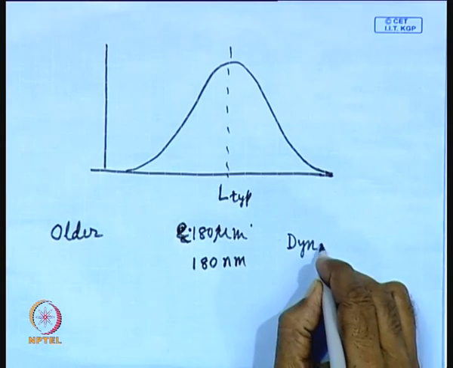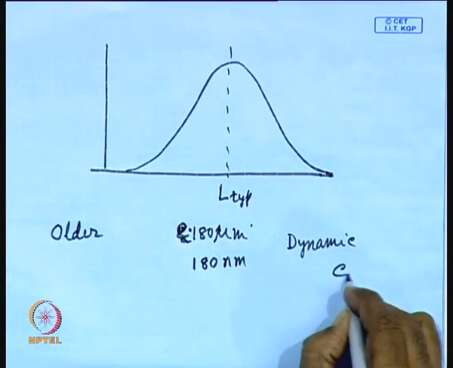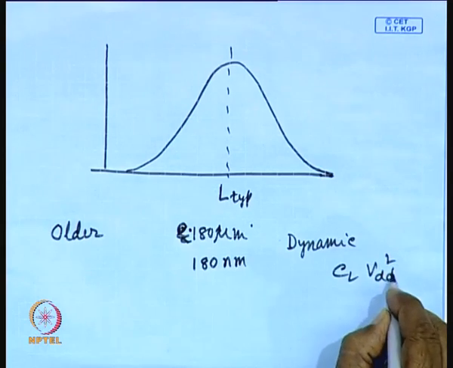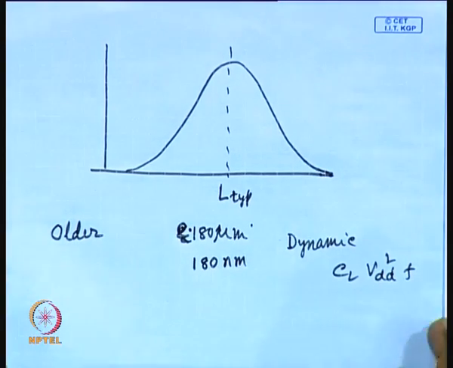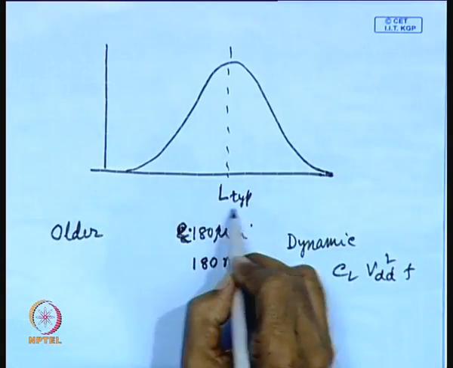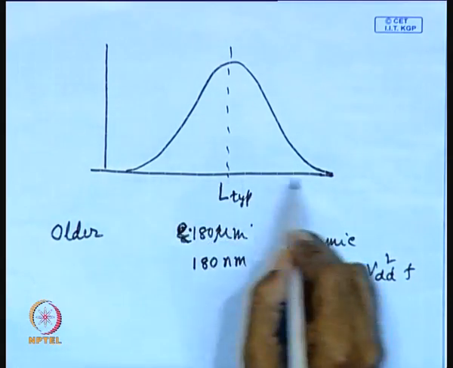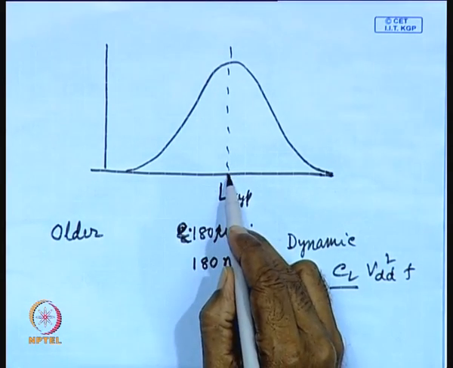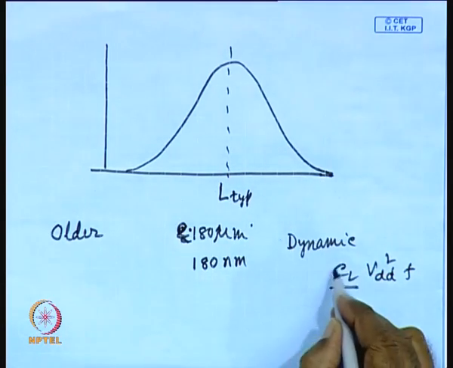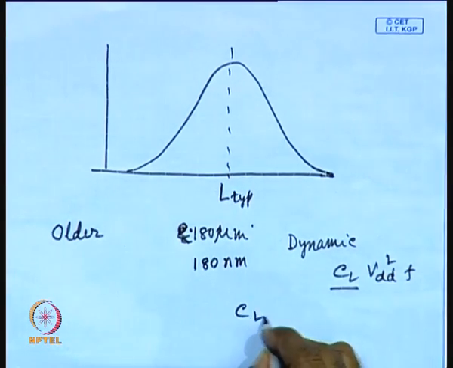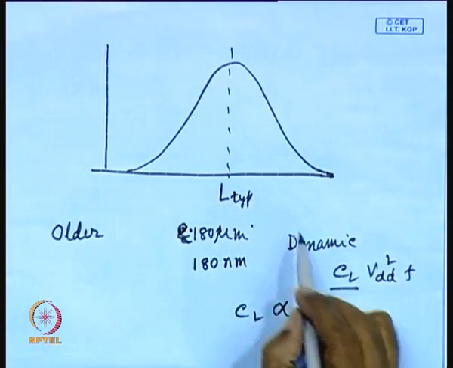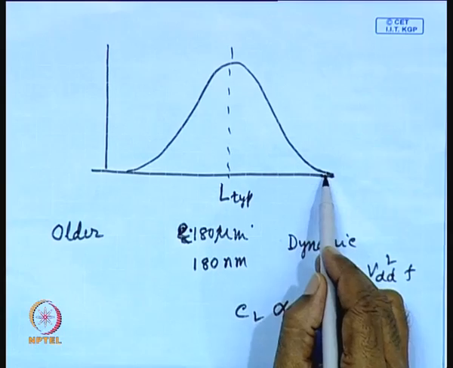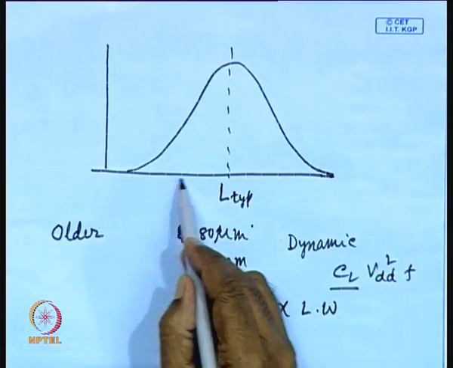So, when leakage power is insignificant compared to dynamic power, as you know, dynamic power is proportional to CL VDD square F. Now, whenever you change the channel length, when the channel length varies over a range, this parameter CL changes, because whenever the channel length is longer, obviously the capacitance will be more, because CL is proportional to L into W. So, as the length increases, the capacitance increases, and as L decreases, capacitance decreases.